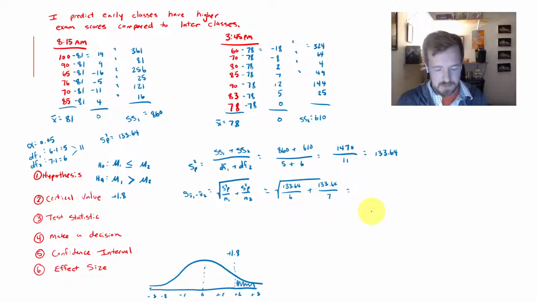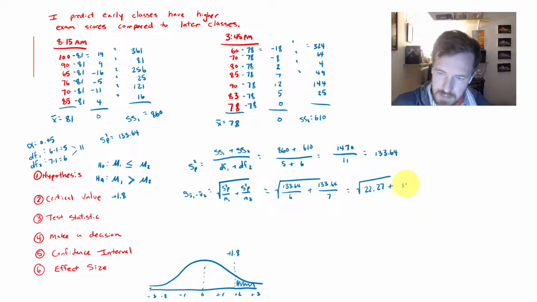And what will that give me? This is going to be a really gnarly number. All right, so it's going to be the square root of 22.27 plus 19.09, which is going to be equal to the square root of 41.36.